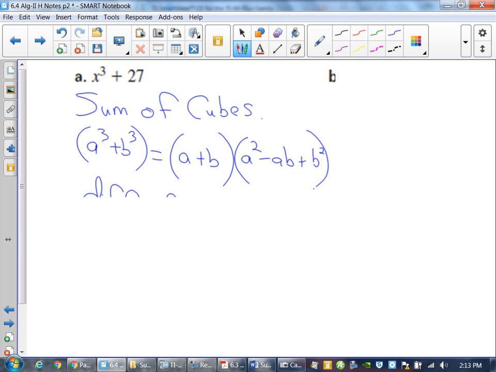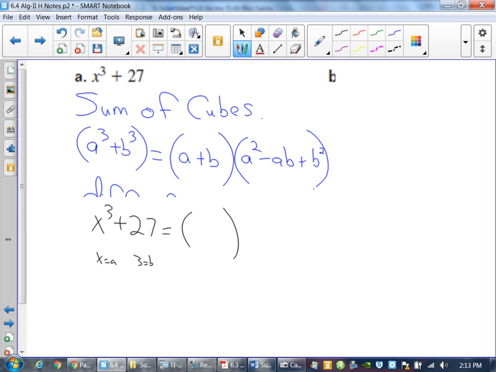What's playing the role of A? What's playing the role of B? And then 3 equals B, because it's A cubed, B cubed. Okay? So it's just a matter of filling in the blanks.